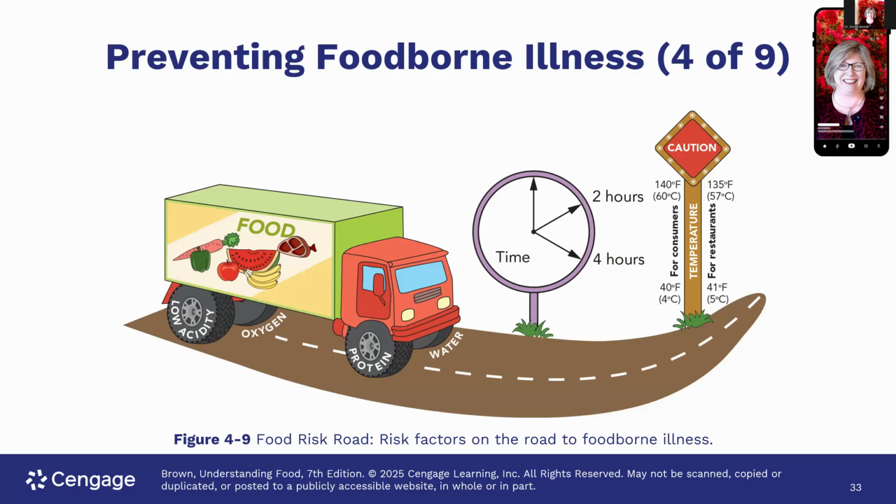That's an unsafe range. So safety would be below 40, above 140. For restaurants, it's a little narrower. So the safe temperature range here would be 41 degrees and lower and 135 degrees Fahrenheit and higher.